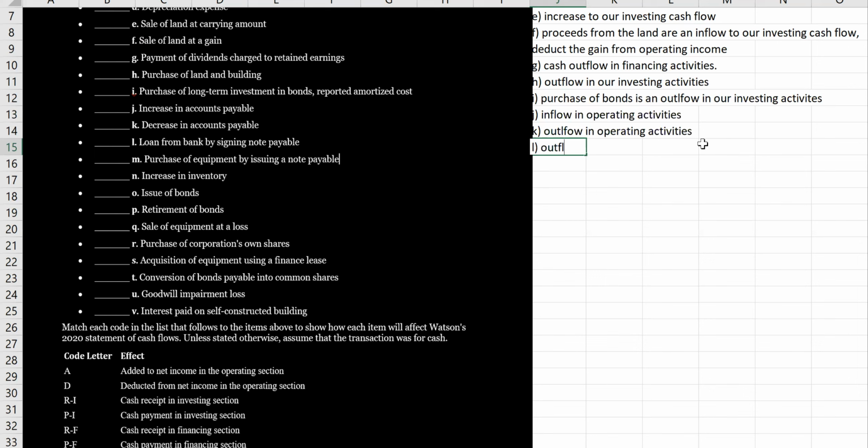An issue of bonds is going to be an inflow in the financing activities, because we're doing that to raise cash. P, retirement of bonds, outflow from financing activities.